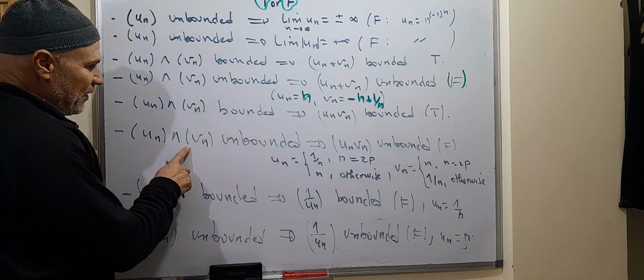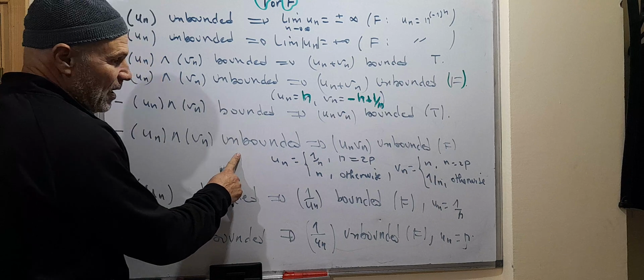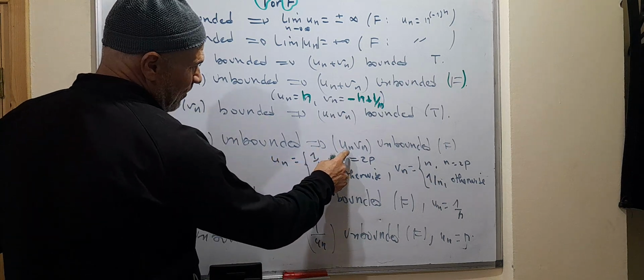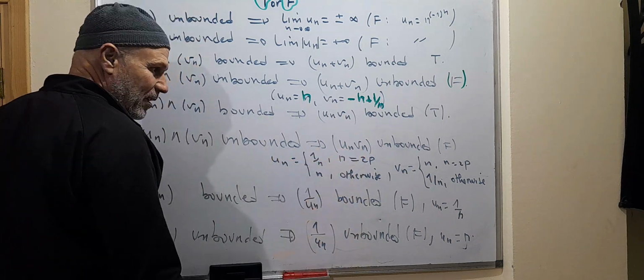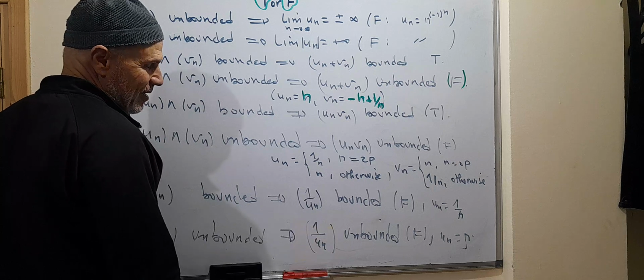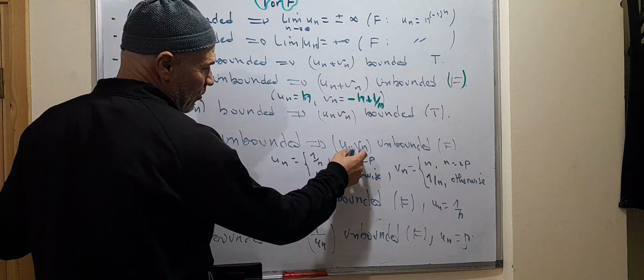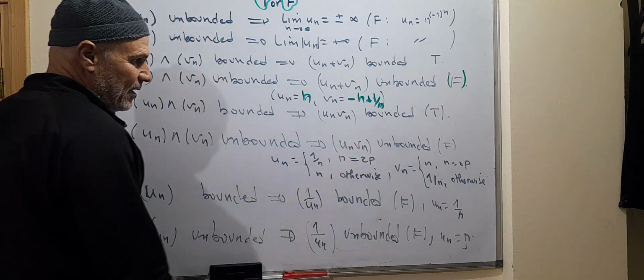If un and vn are unbounded, how about the product? Unfortunately, this is not true. The product can be bounded.